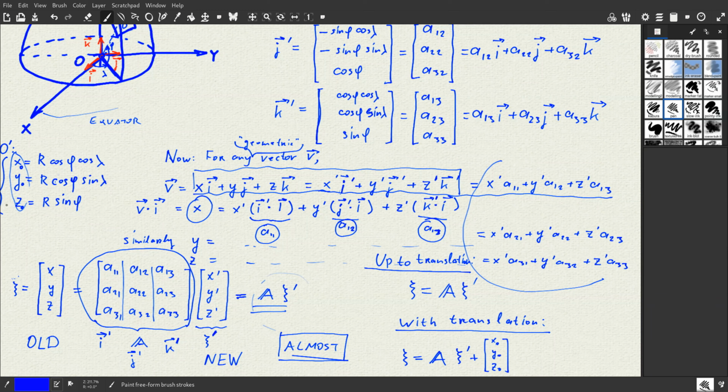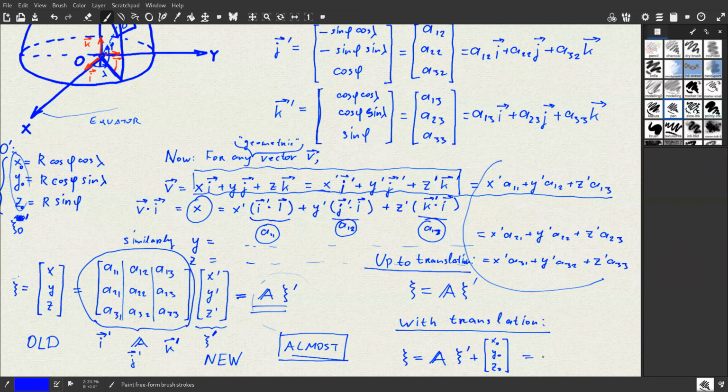Or we can denote this vector by, for example, psi prime 0, because it is really the coordinates of O prime in our original coordinate system. Or maybe it would be more convenient just to denote it as psi 0. No, I think psi prime 0 is more appropriate, actually.